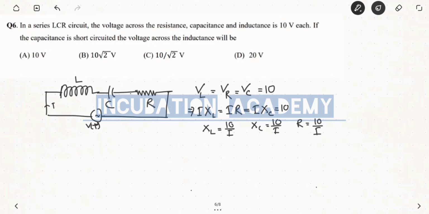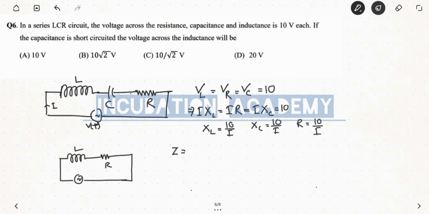Now in the second circuit it is said the capacitance is short circuited. So the capacitance is not in the circuit, only L and R are in the circuit with the same source. Then what is the voltage across the inductance, that you need to find out. What is the value of Z here?